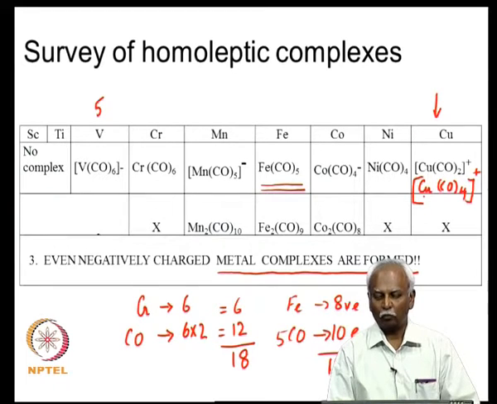Copper, gold and silver are some of the species which form positively charged complexes. And you will notice that if it is Cu(CO)4, then it would have a valence electron count of 18 also. So, let us proceed further.